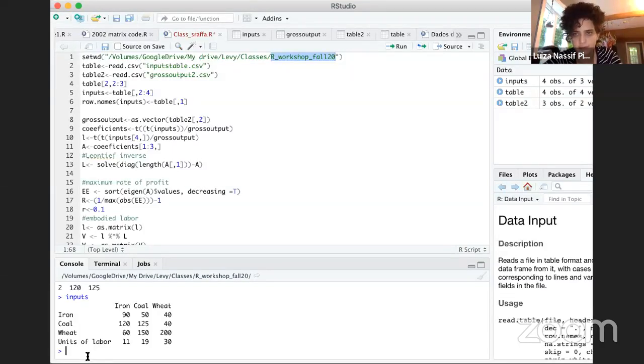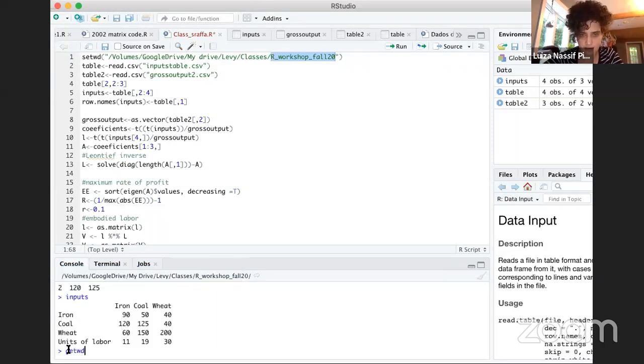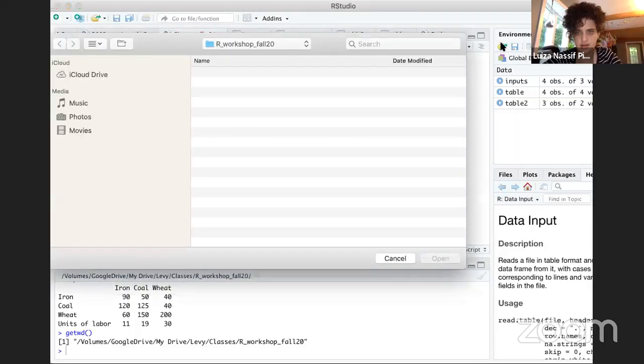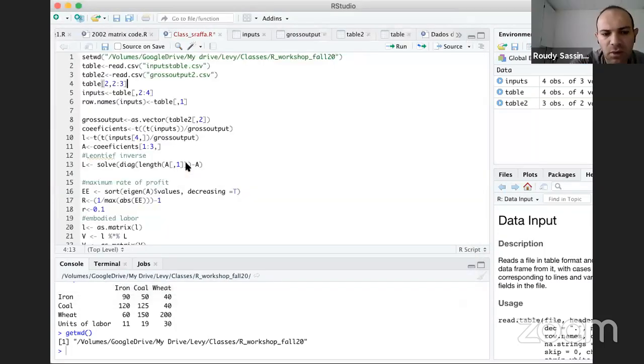And if you have multiple languages on your computer, it can be a bit messy, as Angie can tell you. So if you just type getwd() in your console, it's going to tell you what your working directory is. Then if you save your file into that folder and run this line, it should work. The other option is to just open it manually using this button here, and then load those two datasets. Okay, I will do it. Thanks.